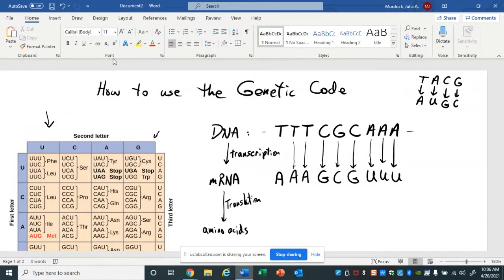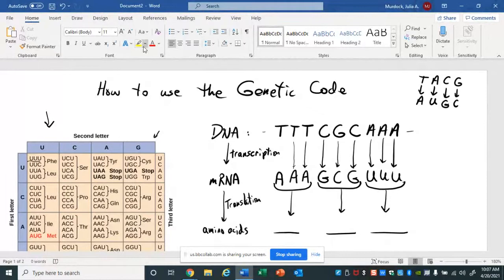You see that the chart does things in groups of 3. The ribosome puts amino acids onto a chain in groups of 3. So every 3 messenger RNA bases is translated into a single amino acid. Every 3 bases codes for a single amino acid.